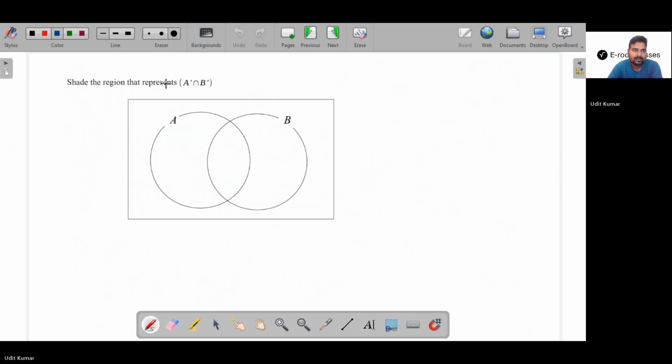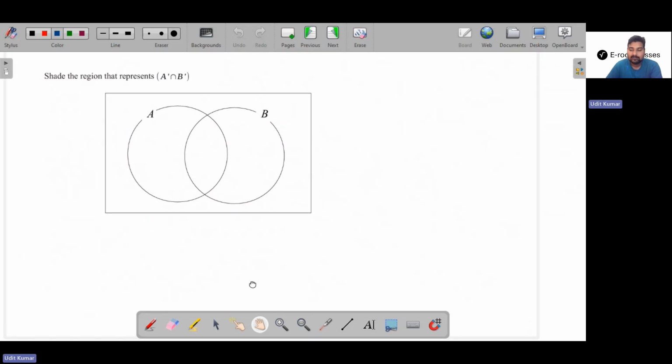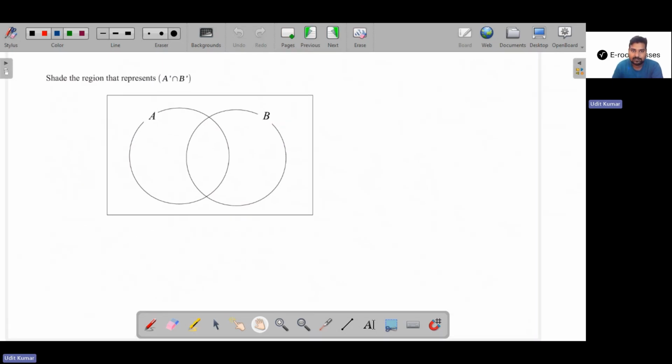Next, shade the region that represents A complement intersection B complement. Now, this is where you have to use the tricks. If you find it difficult to imagine, you can name the spaces. For example, I can say this is A, this is B, this is C, and this space is D. So what is A complement?